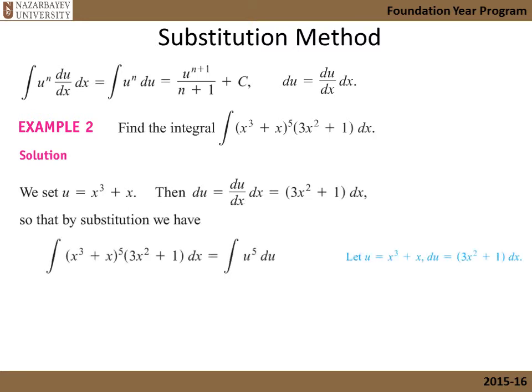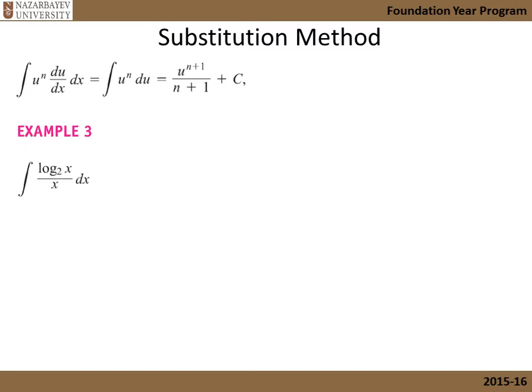And by this substitution we will have this integral of u to the power of 5, where u again is equal to x cubed plus x. Then we can integrate according to our formula, and this will be u to the power of 6 over 6 plus c. And then we can substitute back our x for our u, and finally we will have x cubed plus x to the power of 6 over 6 plus c.